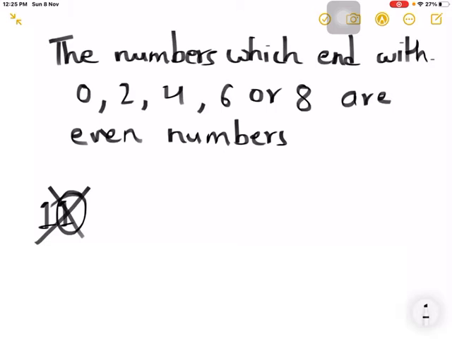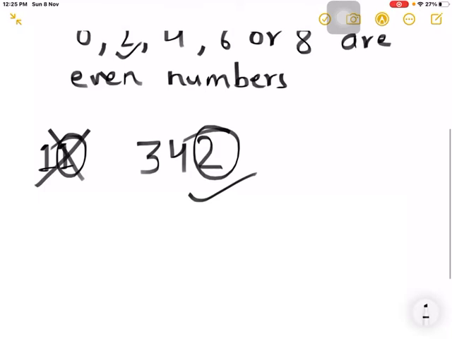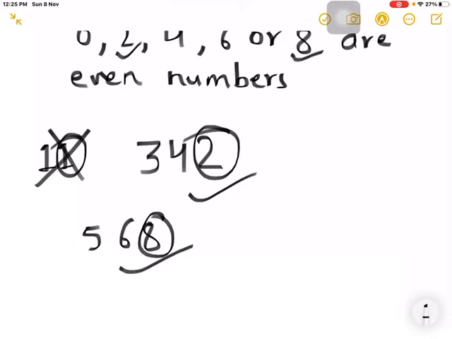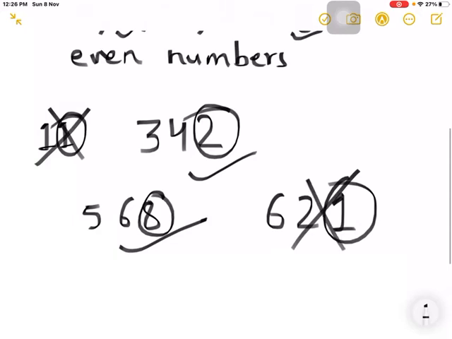And also like 342. Here at the end we have 2, so this is an even number, meaning this is divisible by 2. And 568, here we have 8, so this is divisible by 2. 621, here 1 is an odd number, so it is not divisible by 2. Understood?